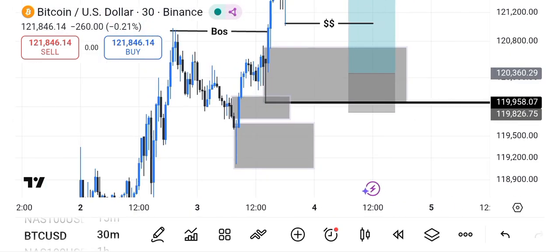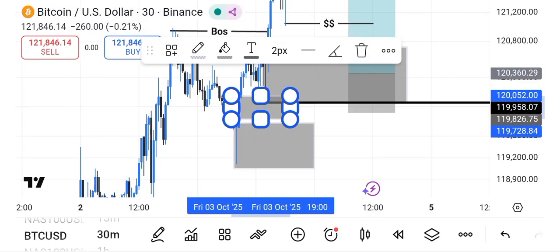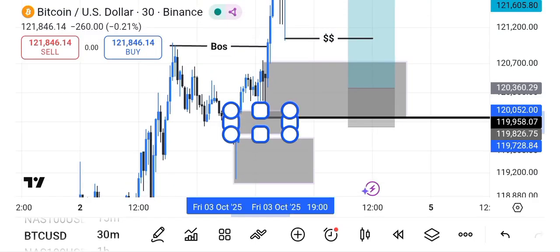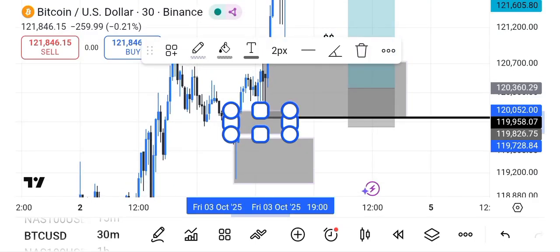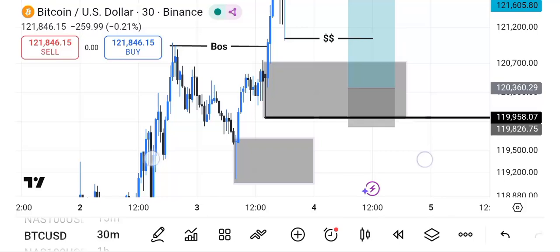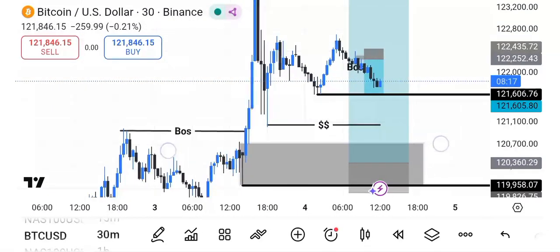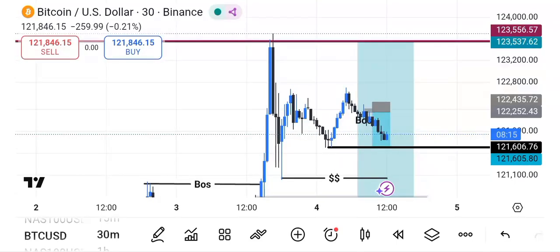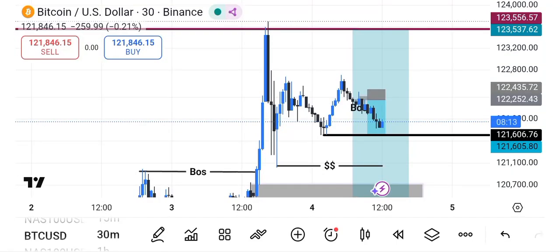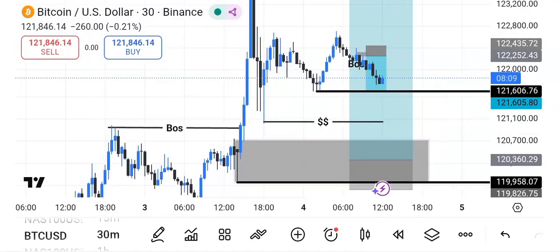There's no need to look at this as a liquidity pool that price has to pull. But this one is clear: there's no break of structure. Price just went up a little bit and started coming back, so we consider this as a liquidity pool.